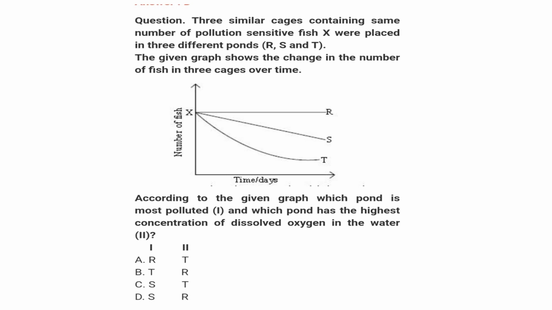And which pond has the highest concentration of dissolved oxygen in the water? Looking at the graph, we can see that the number of fishes are decreasing in pond T. That means pond T is most polluted. So our answer is option B because here only T is number 1. Answer is option B.